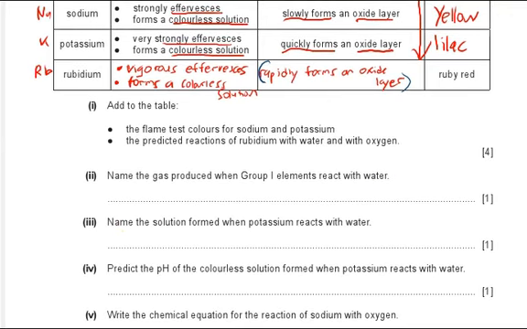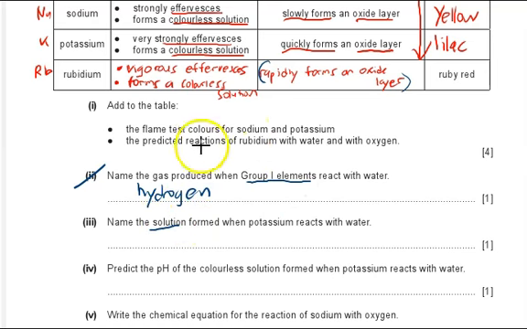Okay, and then for this, name the gas produced in a group 1 element when it reacts with water. So you can answer as hydrogen gas. Okay, hydrogen gas. Okay, name the solution formed.